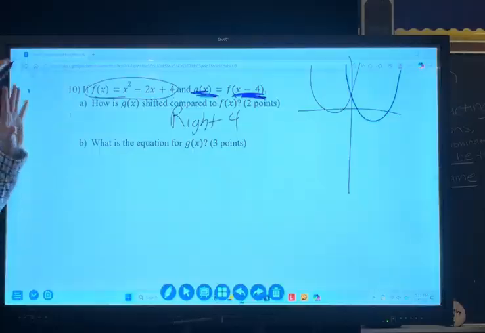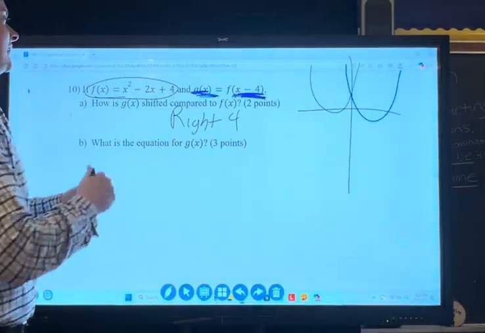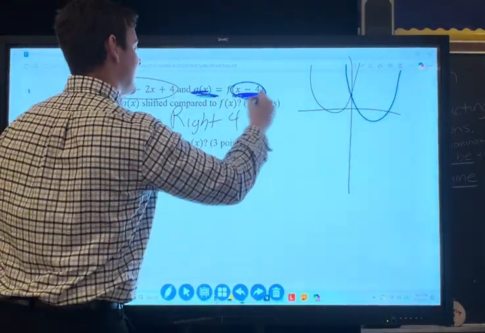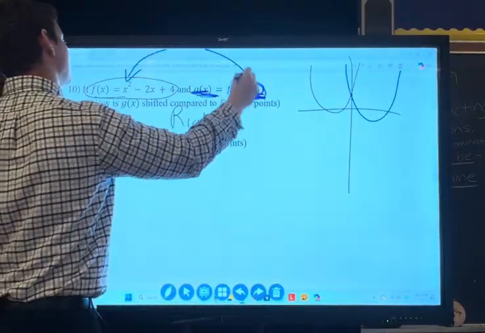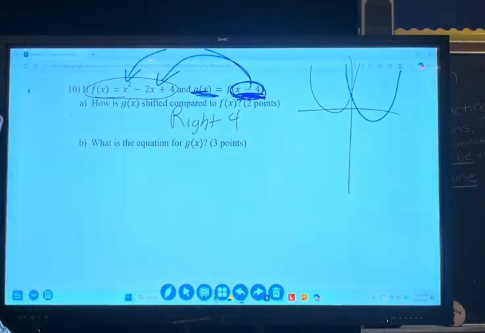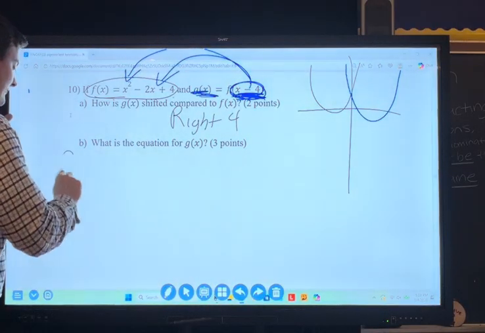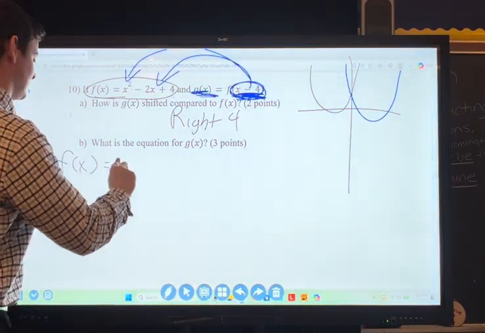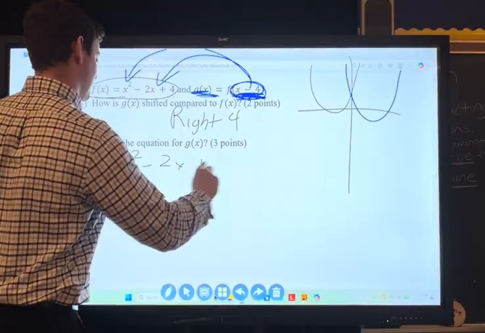Now I gotta find what the actual equation is. To find the actual equation, I take this x minus 4 and I plug it in to the x. So my original equation, f of x equals x squared minus 2x plus 4.